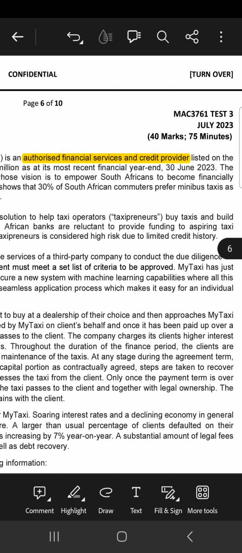Okay. Now, here's the thing. Whenever a company has a certain industry, and this will be given to you in the test, it has to be given to you, right? You need to be thinking about things like, okay, what are the risks relating to this industry?